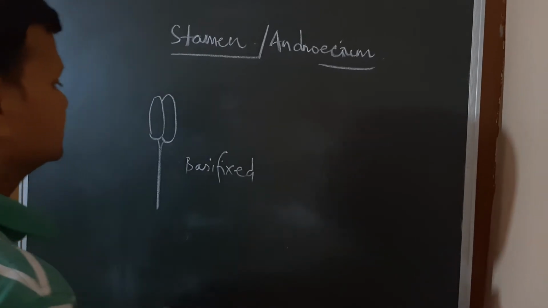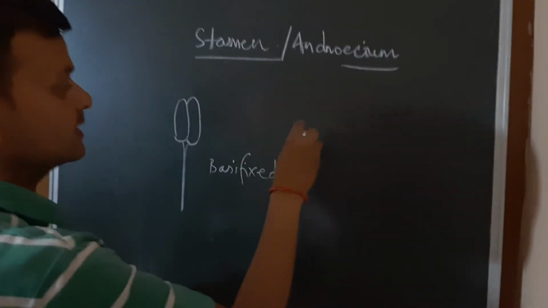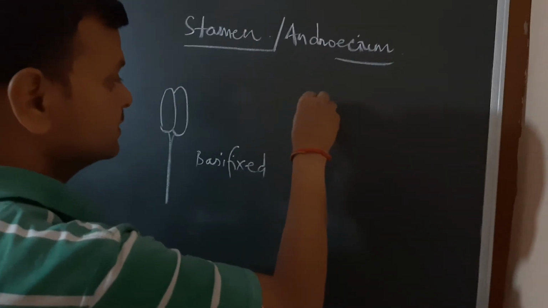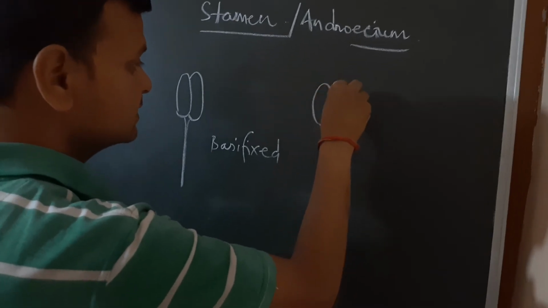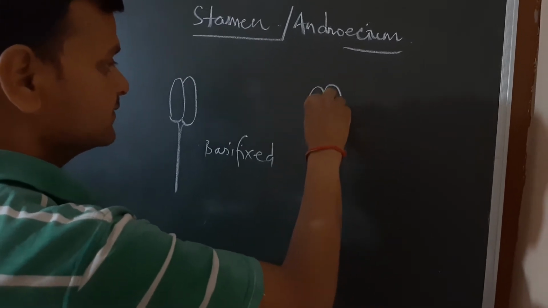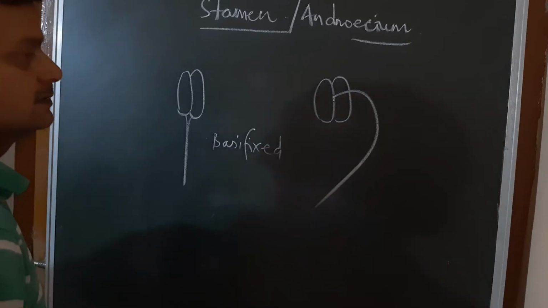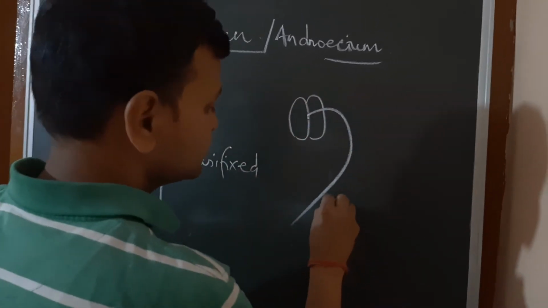And suppose this filament is on the dorsal side. So how will it be on the dorsal side? Here is the dorsal surface. If it is like this, this type of position is called dorsifixed.